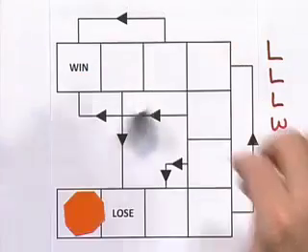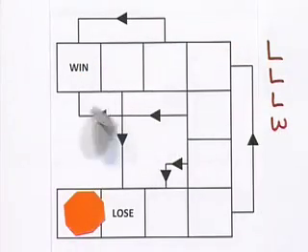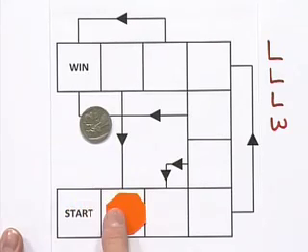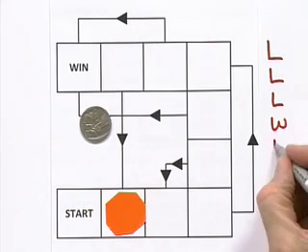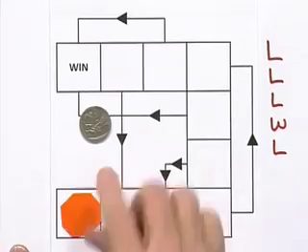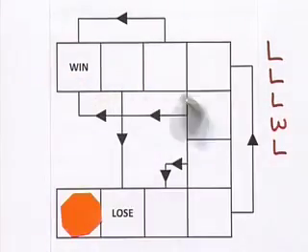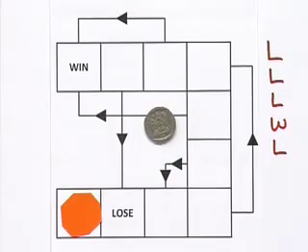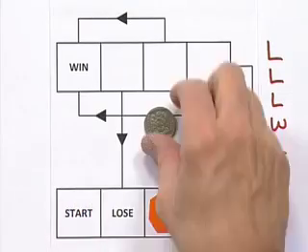Start, spin. Maybe we shouldn't. Head, we lose again. Starting once more, we spin our coin. We get a tail, 2 blocks.